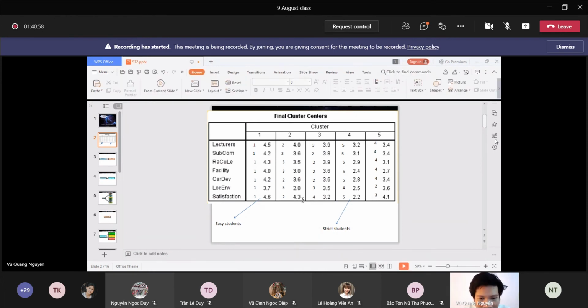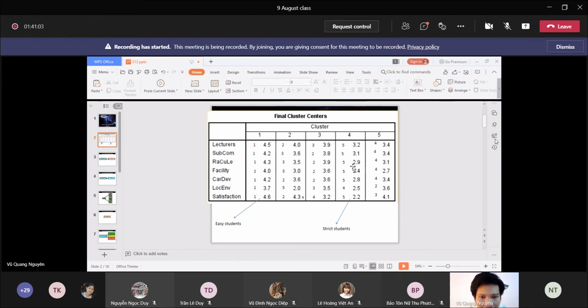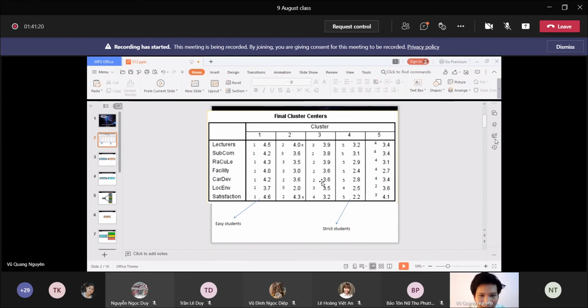Now what drives this high satisfaction? You can see that it is high in lecturers too, because the rank is number 2. It is very high there.